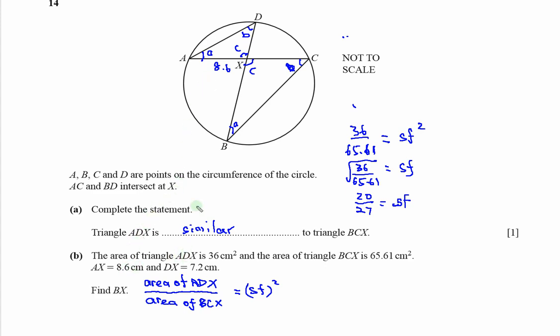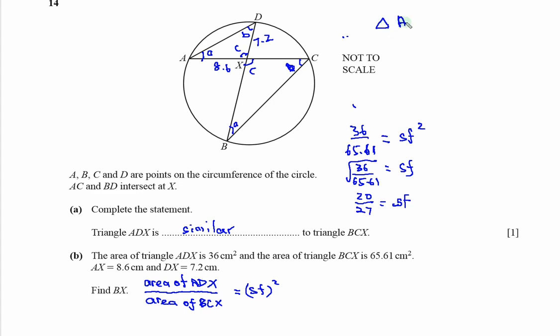Okay, AX and DX is 7.2. Okay, now you're supposed to find BX. Now just establish this first.